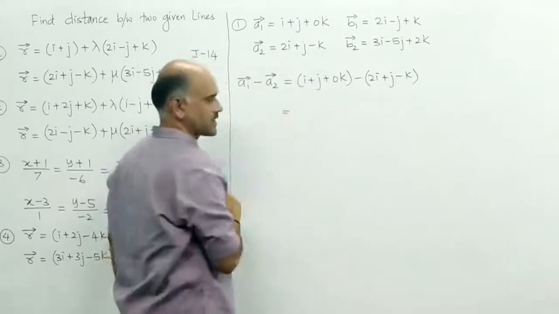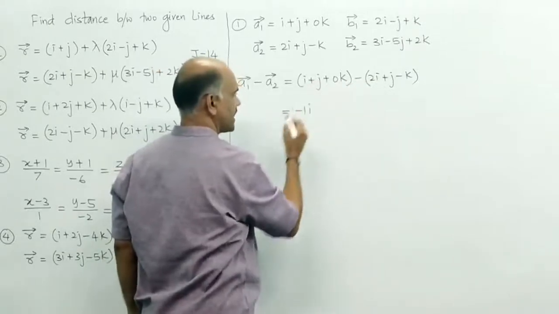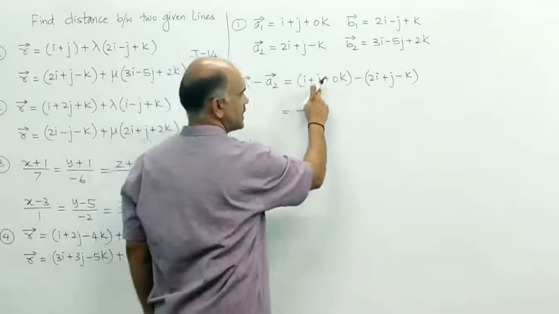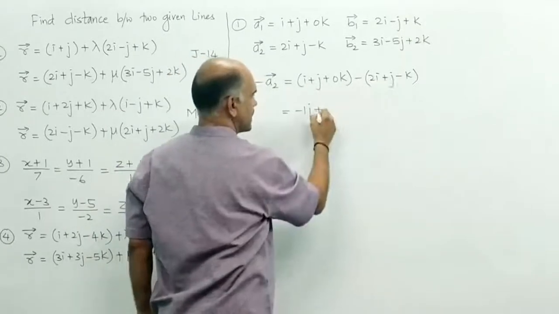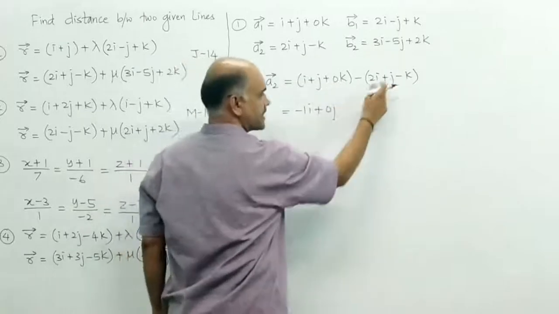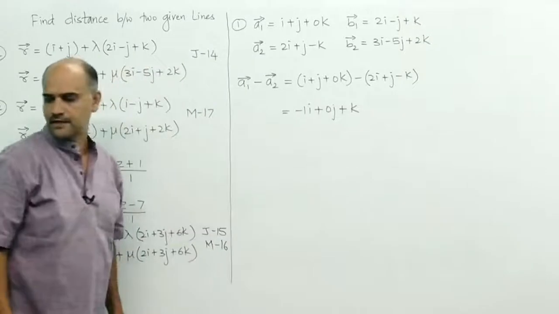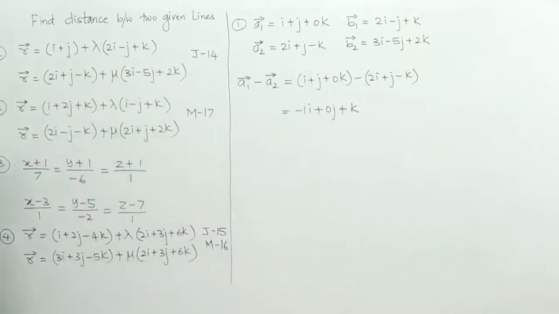If you subtract, 1 minus 2 is minus 1I, j minus j means you will have 0j, 0 minus of minus, you will have plus k. So this is a1 minus a2.